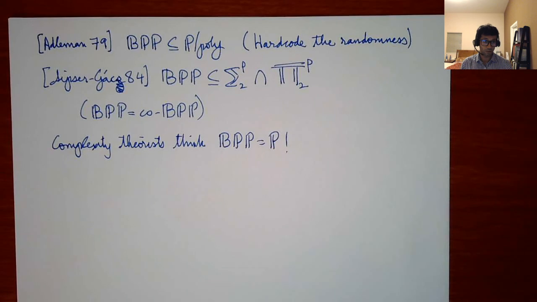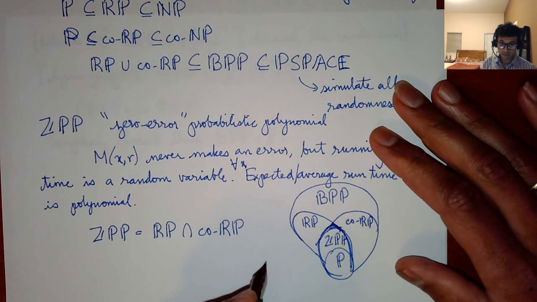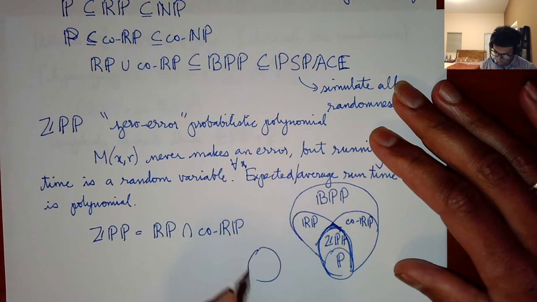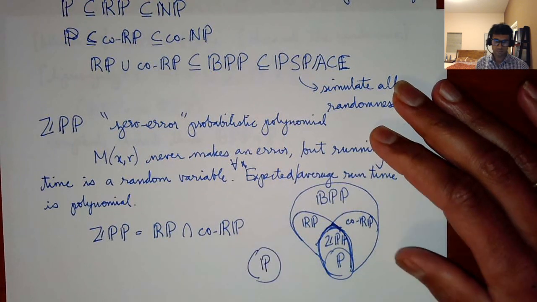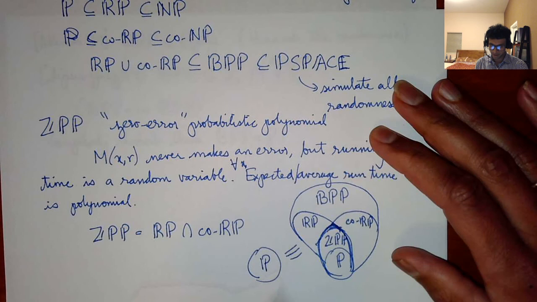The reason for this is very deep. It's not just a random thought. In some sense, here's this beautiful picture that we drew. What complexity theorists actually believe is that all of this is just P. They think all of this is the same as P.